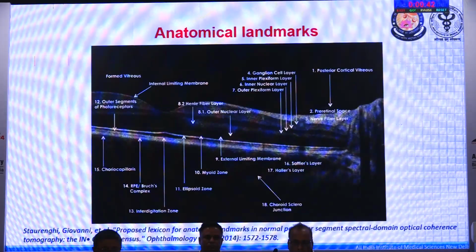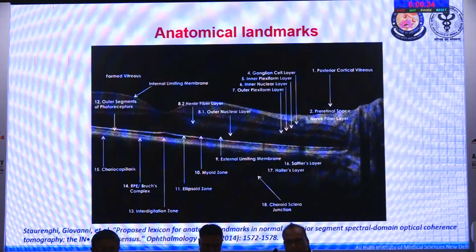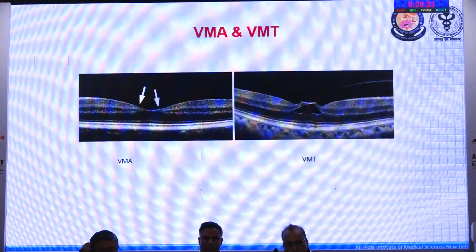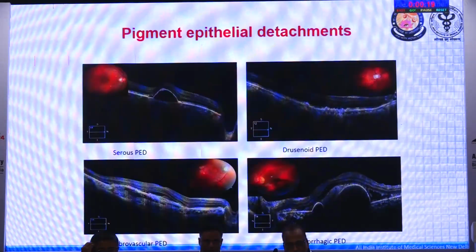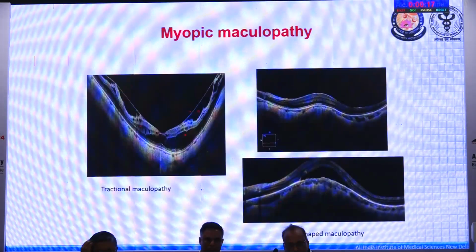Now quickly, this is a swept source image, and it clearly shows the anatomical landmarks in the normal posterior segment, wherein all the nuclear layers are hypo-reflective and all the plexiform layers are hyper-reflective, and even your retinal nerve fiber layer, the ellipsoid zone and the RPE-Bruch's membrane are hyper-reflective.